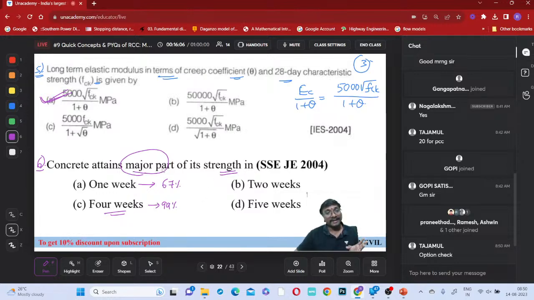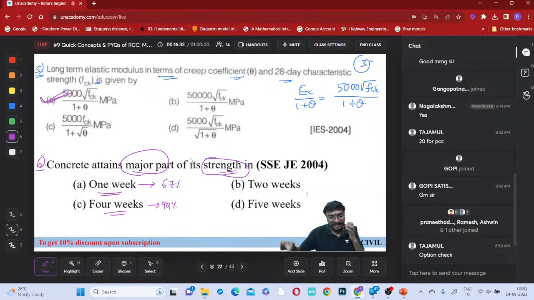Is it a characteristic strength mentioned, or a strength mentioned in the question? Suppose the question gives the characteristic strength, fck, the 28 days value, which is taken as the characteristic strength, then 1 week will be the answer. But here it is given as the strength.